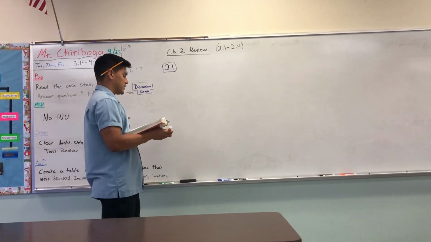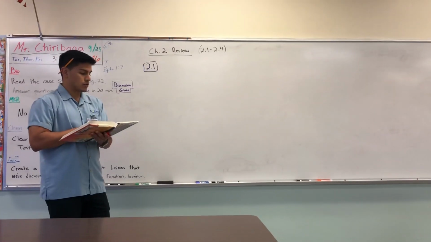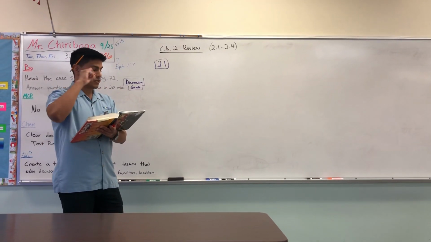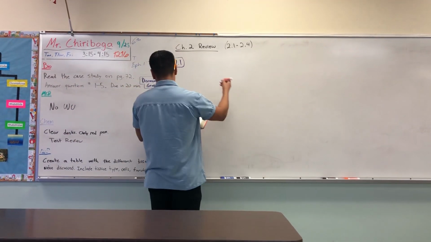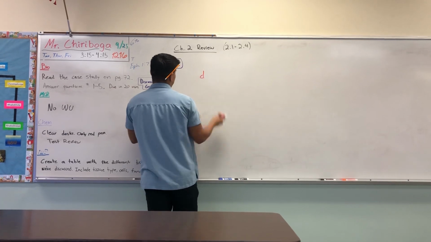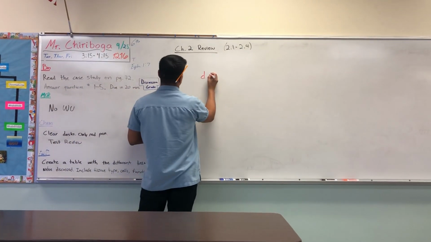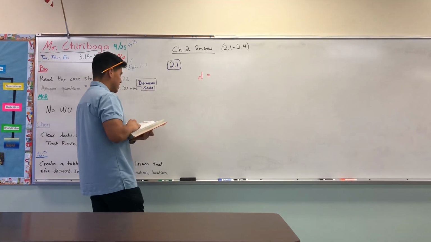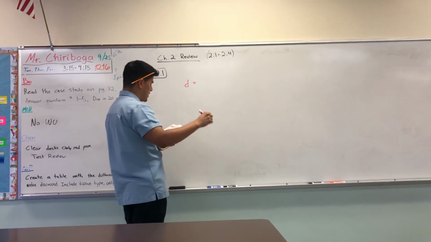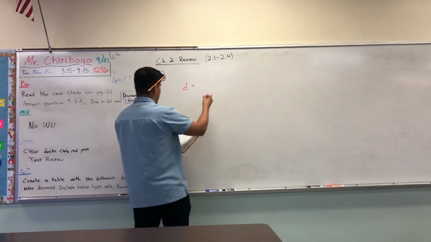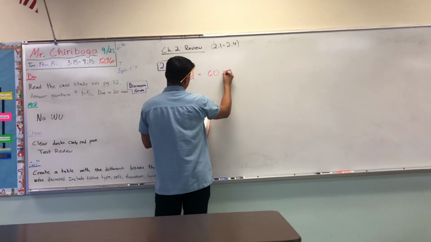Also, in number 1, it says to write an algebraic expression from the statement: the distance traveled in t hours if the average speed is 60 miles per hour. So you have to be able to turn a sentence into an algebraic expression. For distance, you want to use a symbol that's easy to recognize, so d for distance. You would put the speed, which is 60, times t.